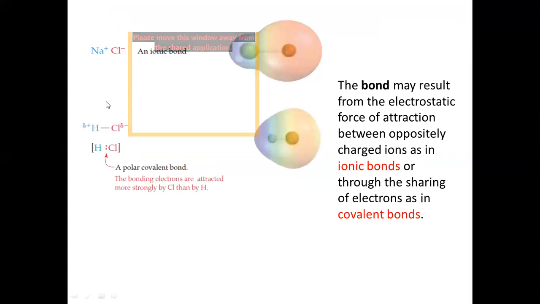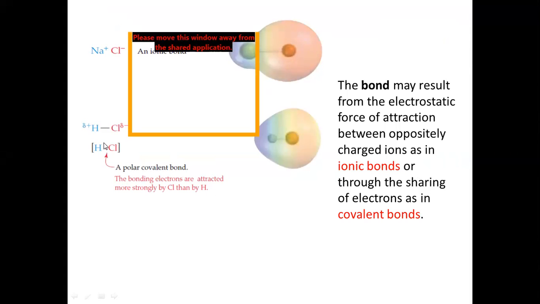In the case of sodium and chloride, the interaction between the positive ion and the negative ion is an electrostatic interaction between the plus and the negative ion, and that bond is called the ionic bond.